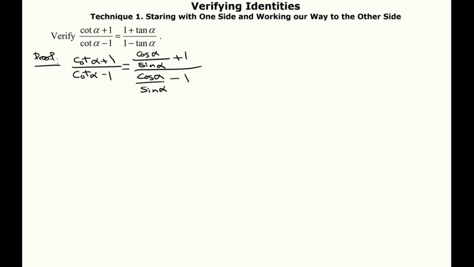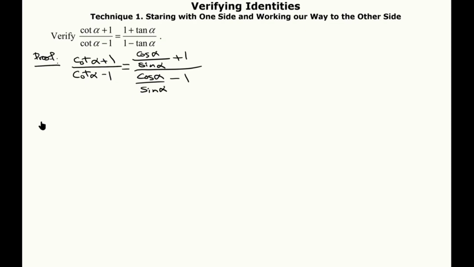I noticed that we have a complex fraction, but it's not of the type which is just one fraction over one fraction. And the way we simplify those is we go ahead and find the total LCD for all fractions in the problem, and in this case it's just going to be sine alpha. So we'll go ahead and multiply sine alpha on the top as well as the bottom of this main fraction.